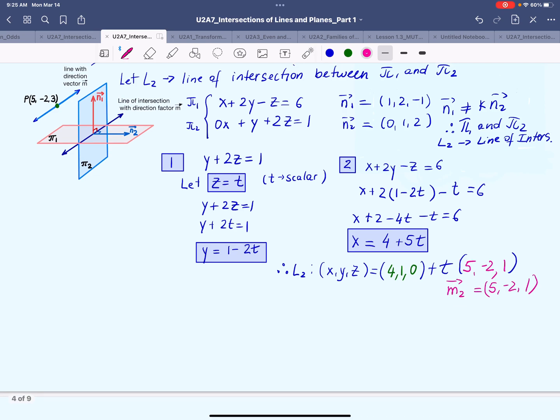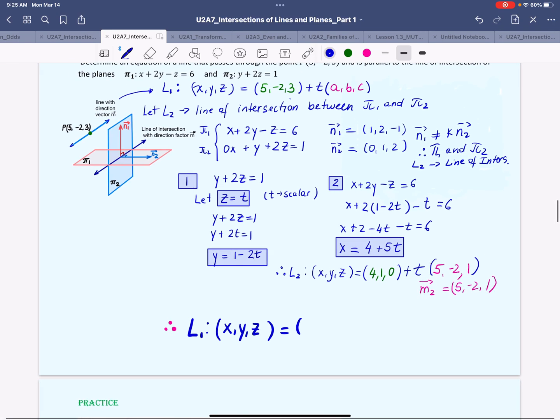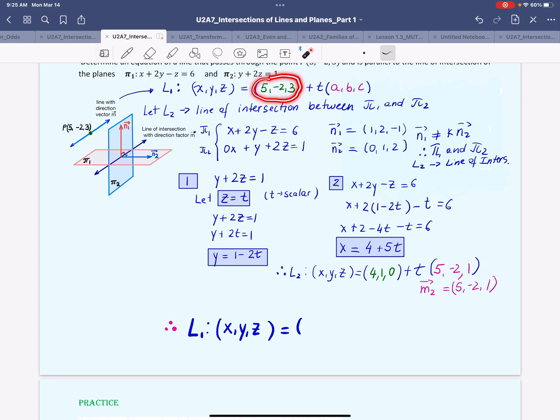So we're going to say that, therefore, the line L1 will have the equation (x, y, z) equals, so recall that line L1 has a starting point (5, -2, 3), plus some scalar, I'm going to use the letter S in this case, times the direction vector (5, -2, 1).